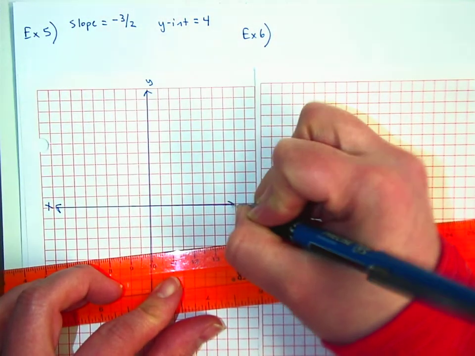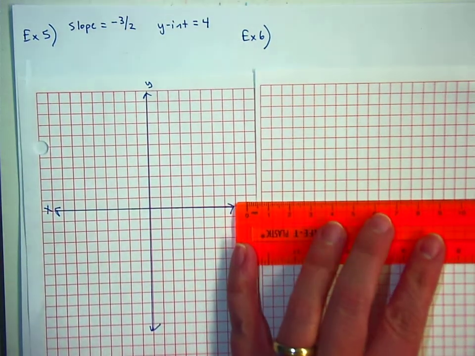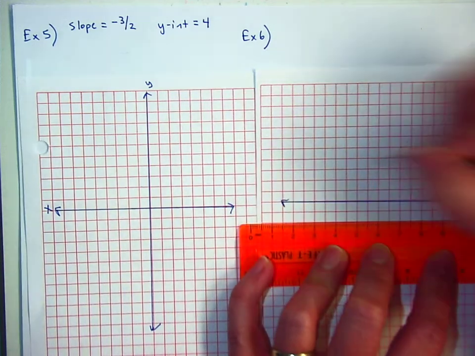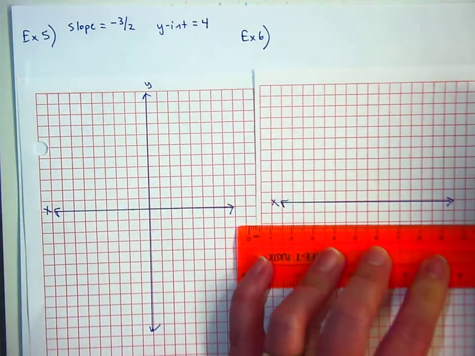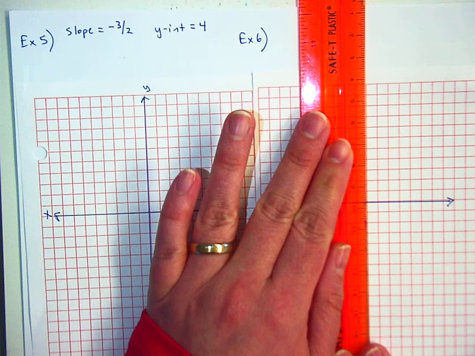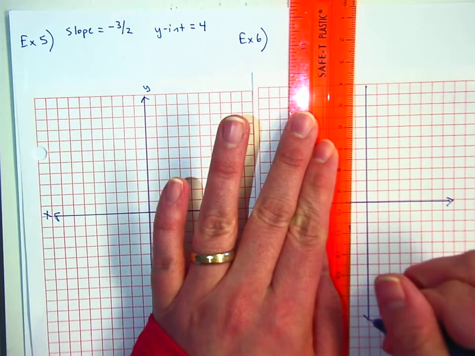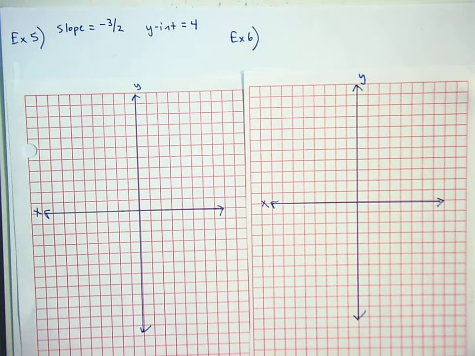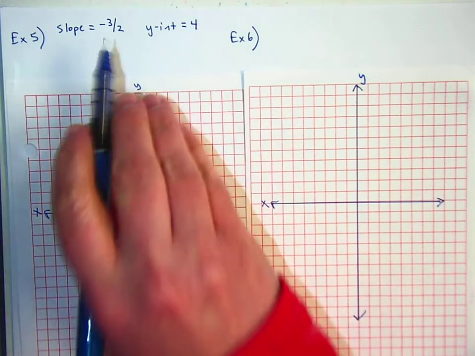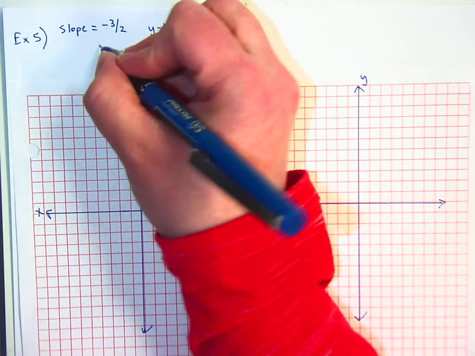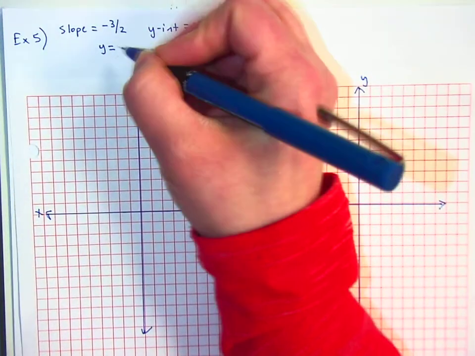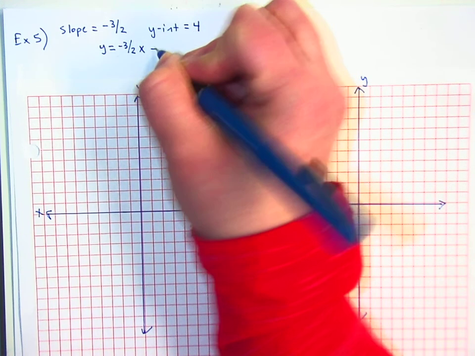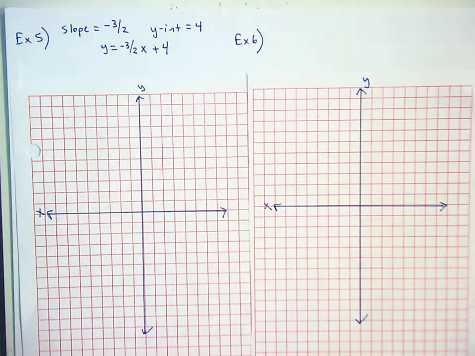There's x. Okay, so I'm going to write this as y equals mx plus b first. Remember that the slope is m, so I'm going to write that in right here. Negative 3/2 x plus 4, that's that b, that's that y-intercept.